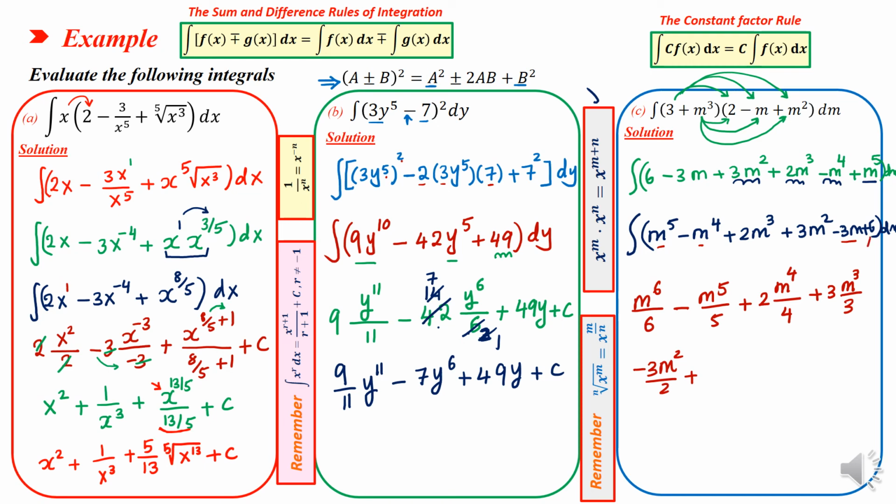Then we have the constant 6 here, and the integration of the constant is the constant itself multiplied by the variable of integration plus the constant of integration.